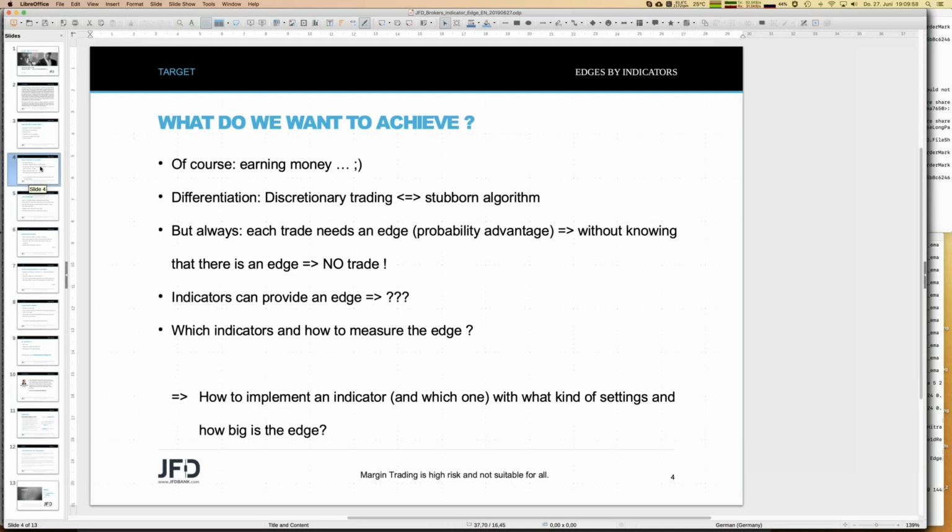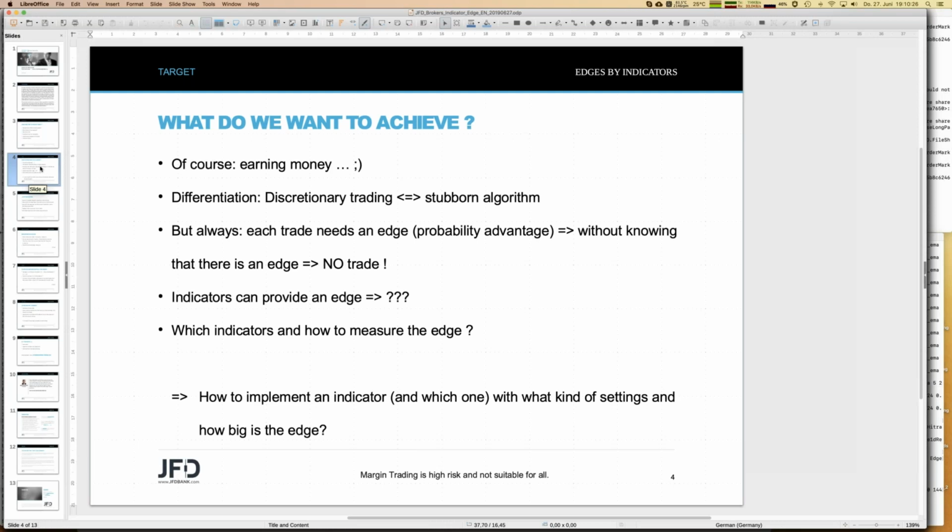We first have to differentiate between the two styles of trading. One is discretionary trading, which finally means there's a chart. You are analyzing the chart, you have additional information about region, politics, companies, whatever. And then finally you decide, I go long euro US dollar, 0.03 lot, stop loss here, take profit there.